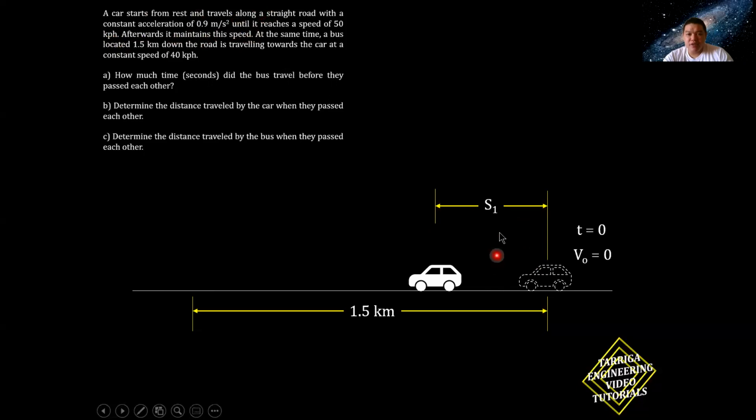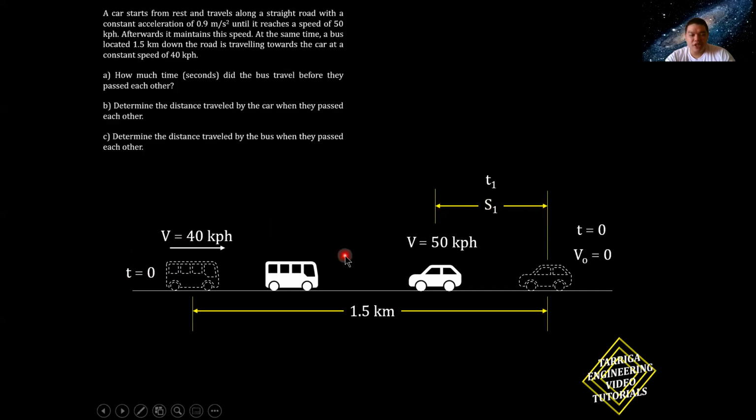And of course, if there is distance, there is also time elapsed until it reached 50 kilometers per hour. Okay. So at the same time this happened, there is also a bus that traveled at constant speed and traveled, let's say, S2, no? And a certain time T2.